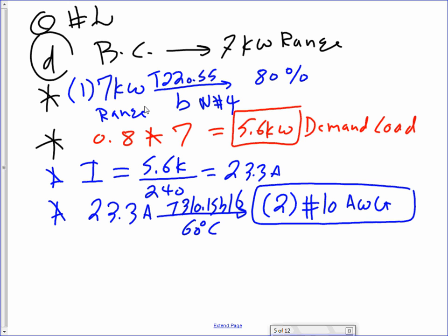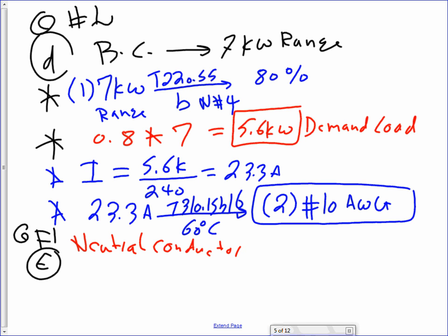Now, the second thing we need to do, guys, is for the neutral. Now, for neutral, same thing. What are you going to do for a neutral conductor? That should be question number 1E.